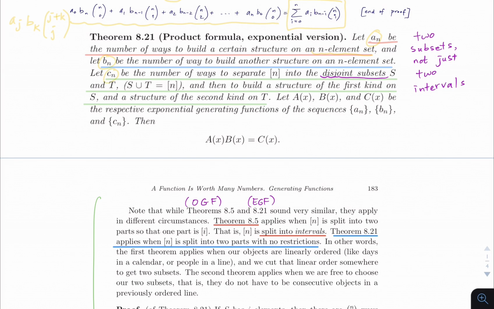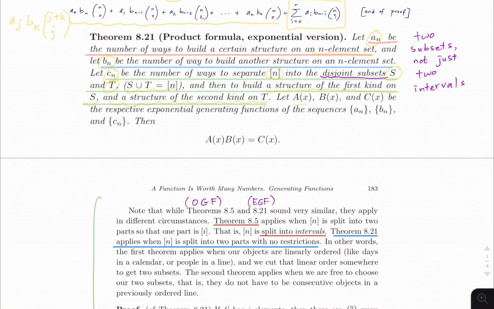And then I have a third sequence, c sub n, the number of ways to separate the set 1 through n into disjoint subsets S and T, whose union is exactly 1 through n. After this separation, I build a structure of the first kind on S and a structure of the second kind on T.